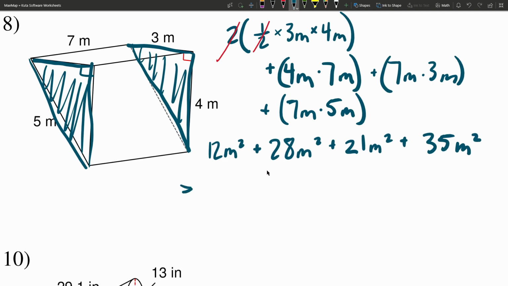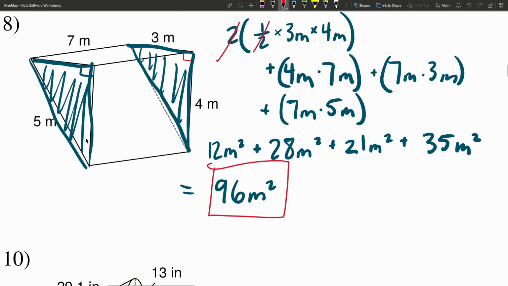Now, summing this all together, 12 plus 28 is going to give us 40. 40 plus 21 is going to give us 61, and 61 plus 35 is going to give us 96. So this is all equal to 96 meters squared, and that's the surface area of our figure in number 8.